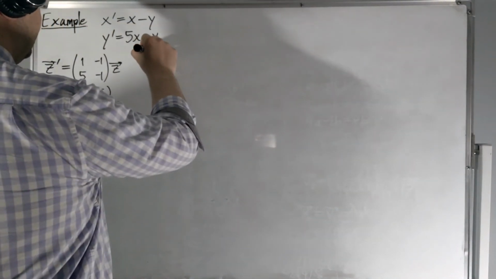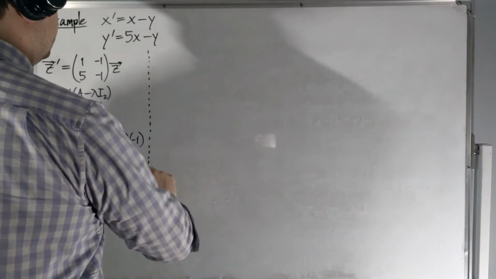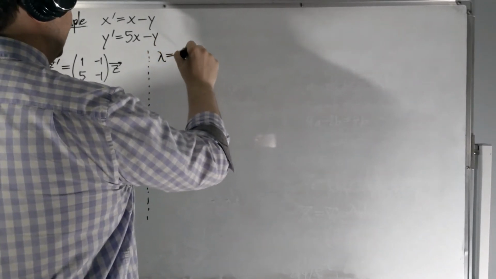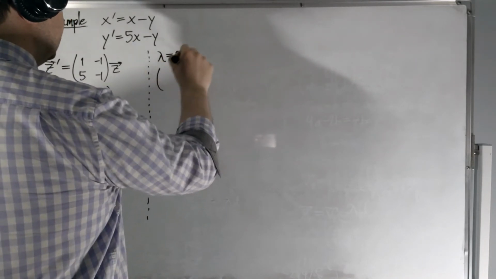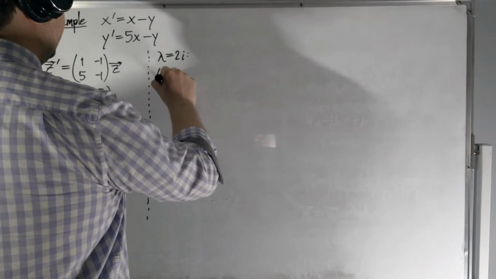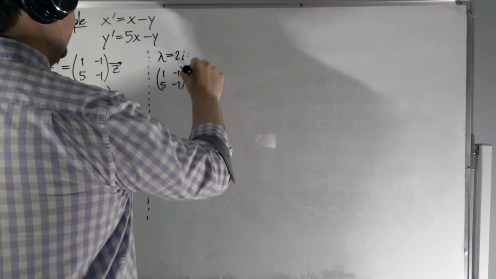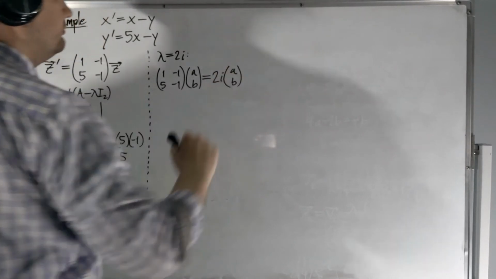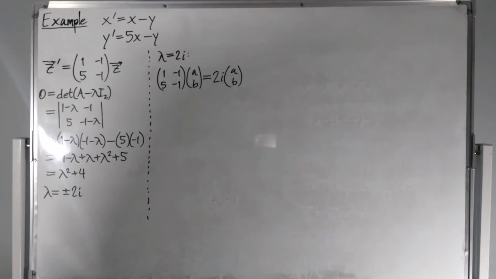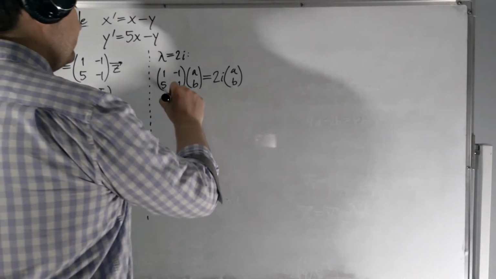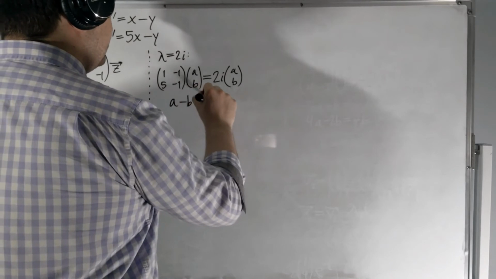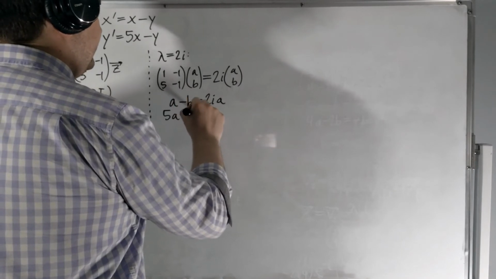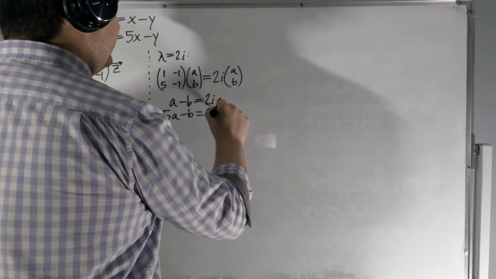Now let's find the eigenvectors associated to one of them. So lambda equals 2i, we'll say. We're looking for solutions of the equation (1, negative 1; 5, negative 1) times (a, b) equals 2i times (a, b). Multiply through, you get a minus b equals 2i times a, and 5a minus b equals 2i times b.